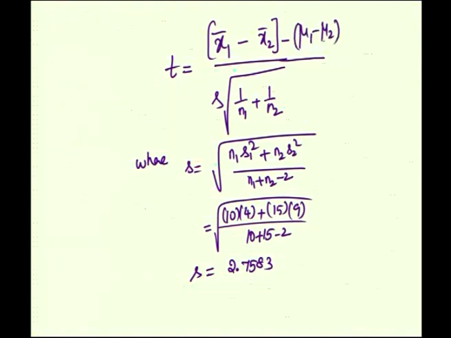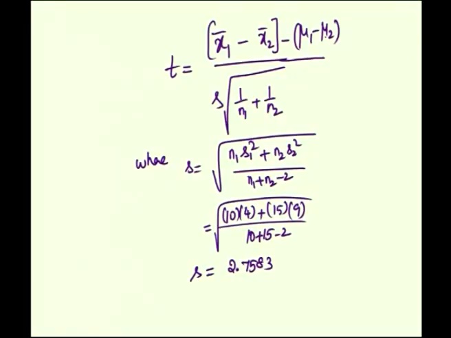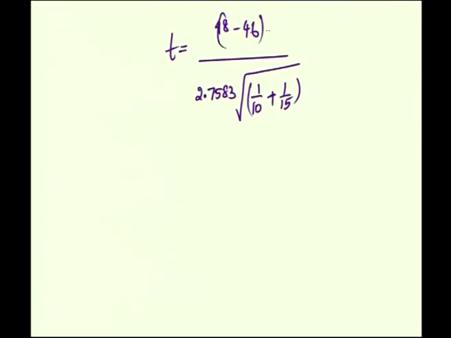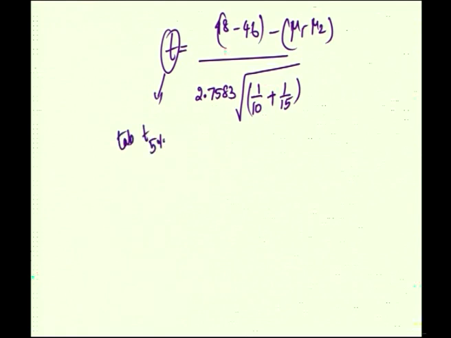Actually, this mu1 minus mu2 becomes 0 when you set up H0 as mu1 is equal to mu2. That is why this particular part becomes 0 when you are applying the formula for testing the difference of means. Therefore, here also this mu1 minus mu2 will appear as it is, and this t stands for tabulated t at 5%, comma, degrees of freedom required. Degrees of freedom is 10 plus 15 minus 2.